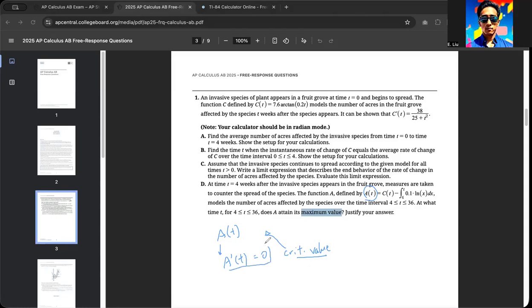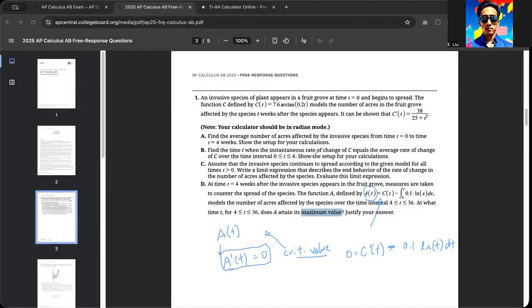So we need to set up A prime of t, so c prime of t. If I find the derivative of this, it's going to be, sorry, it should be minus 0.1 ln of t dt. So this function needs to equal zero.